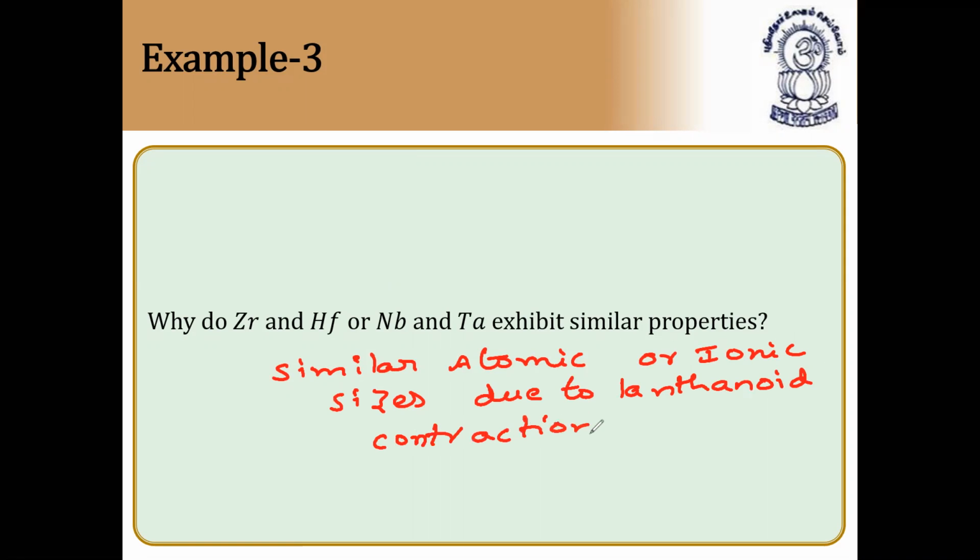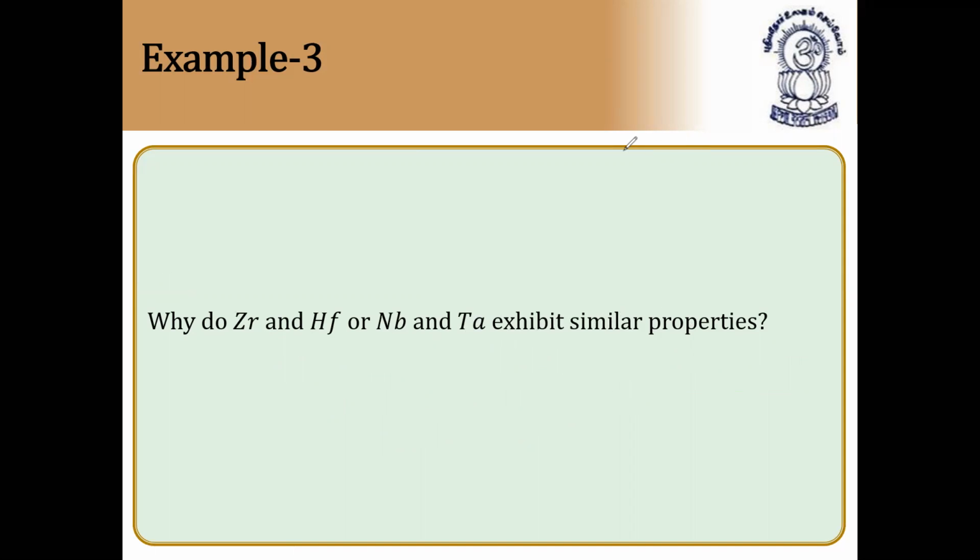MCQs we'll be doing in the next session. Meanwhile, we are doing only theoretical questions here. So why do zirconium and hafnium or niobium and tantalum exhibit similar properties? Because of their similar atomic or ionic sizes due to lanthanide contraction. Next continuation.